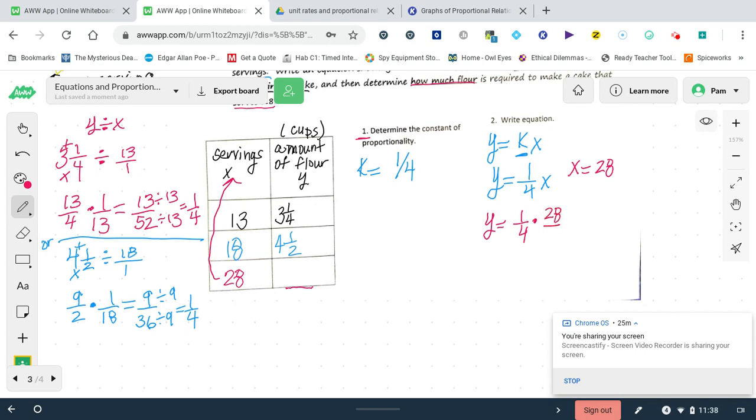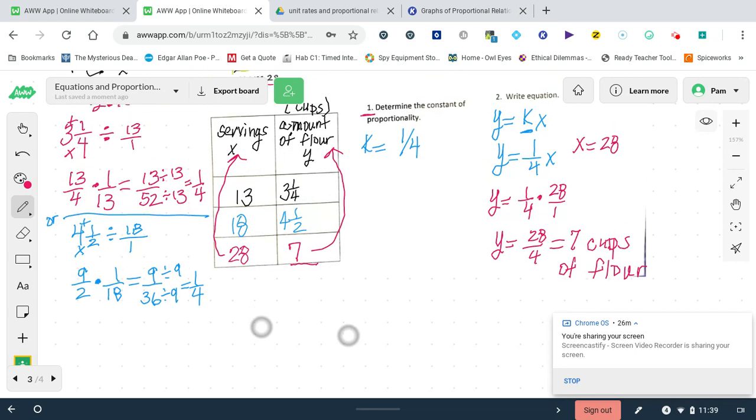I'm going to put it over 1. That's y equals 28 fourths. Divide both by 4, it'll divide by 4 evenly. You get 7. 7 what? Well, 7 refers to the amount of flour, and the amount of flour is in cups. So I'm going to put 7 cups of flour is needed. Okay? And that's that.